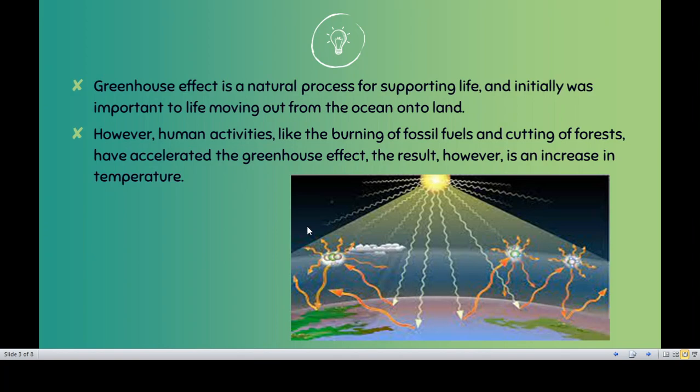Okay, the next important thing: when these rays enter the earth's surface, at times they do not directly get absorbed into the earth's surface, because there is one more reason.